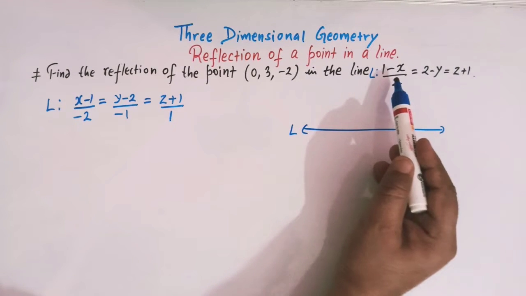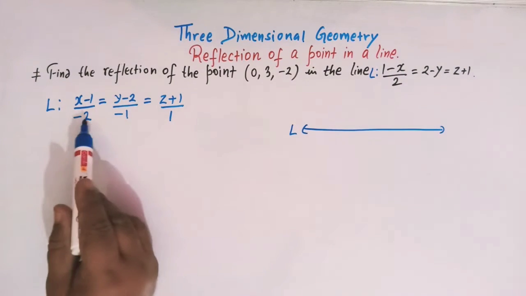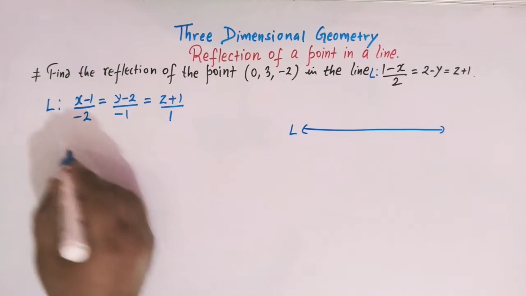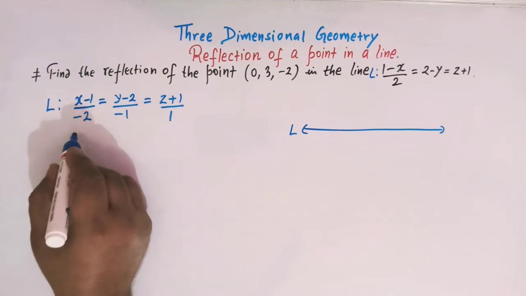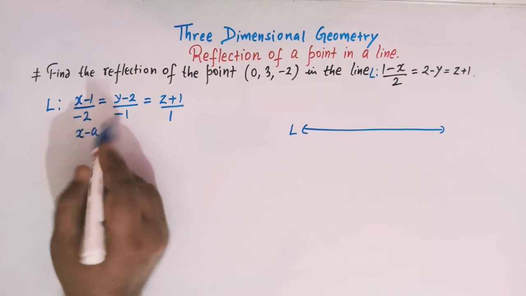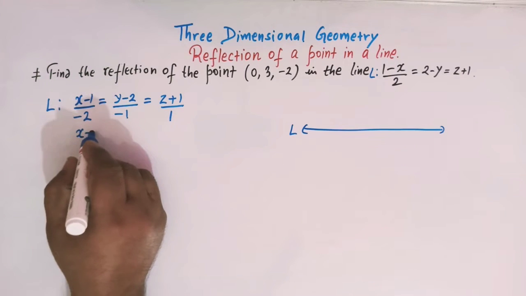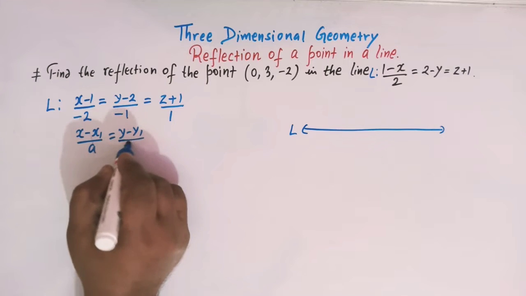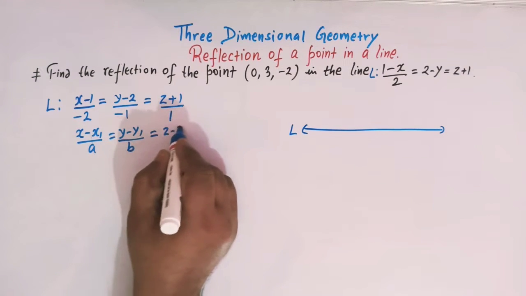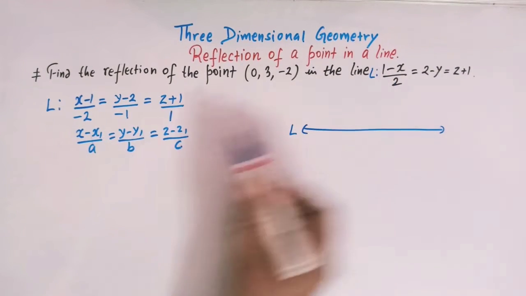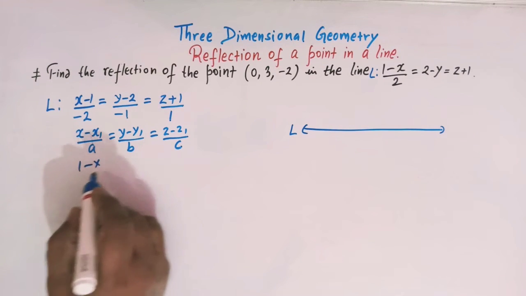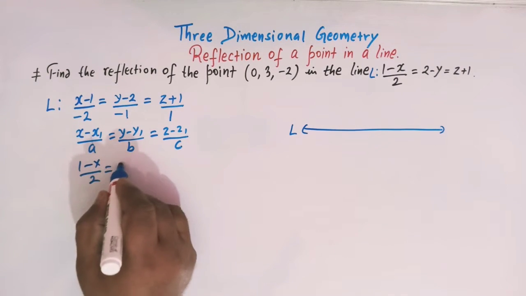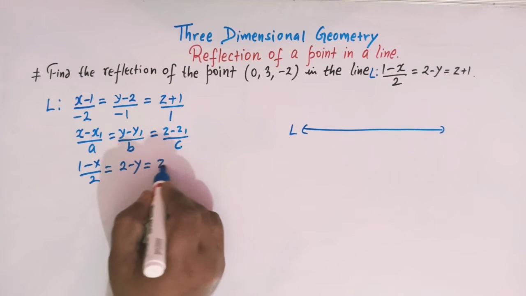So we have written this equation in this form because the standard or the symmetric form of the equation of the line is x minus x1 over a, y minus y1 over b, and z minus z1 over c. And here the equation is given like this: 1 minus x over 2, 2 minus y, and z plus 1.